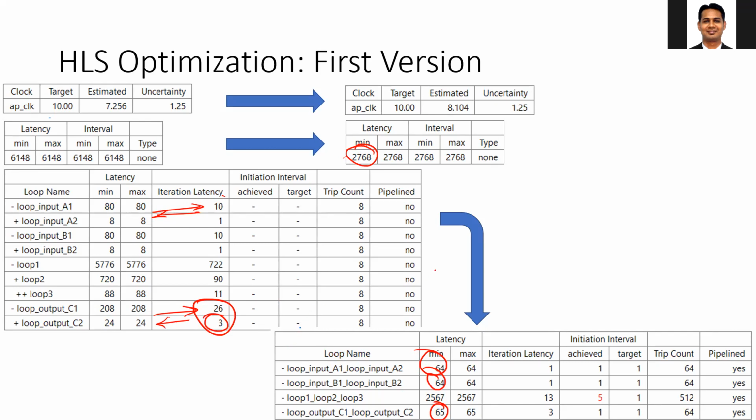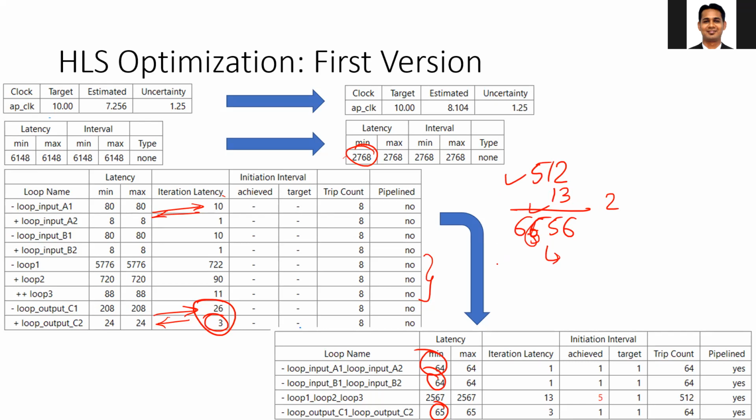Now, let's focus on this part. We are able to reduce it from 5776 to 2567. Here we have 512 iterations, and each iteration takes 13 clock cycles. If you do the arithmetic, you get around 6656 clock cycles.